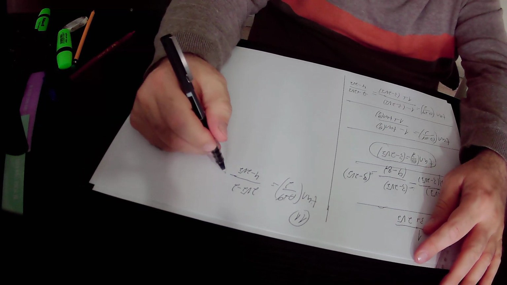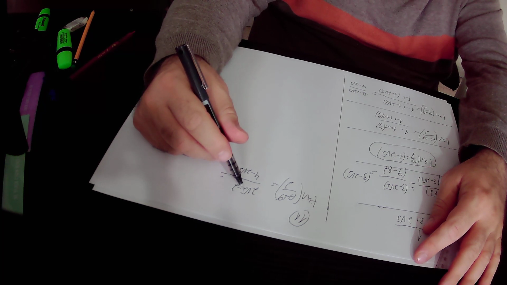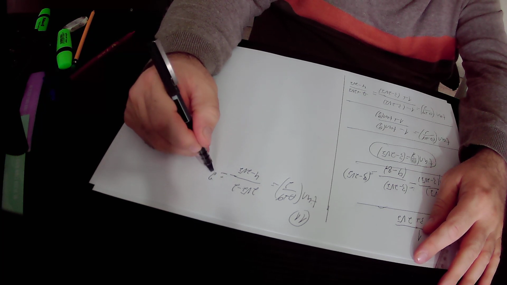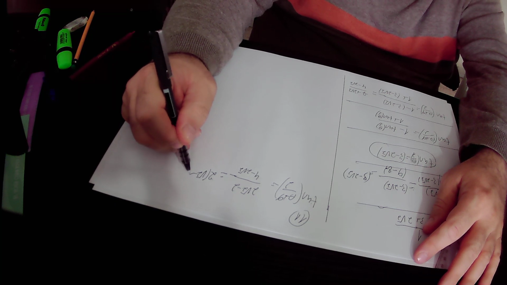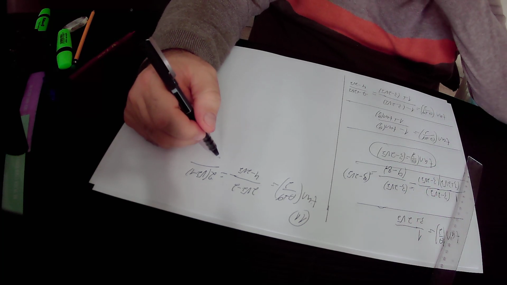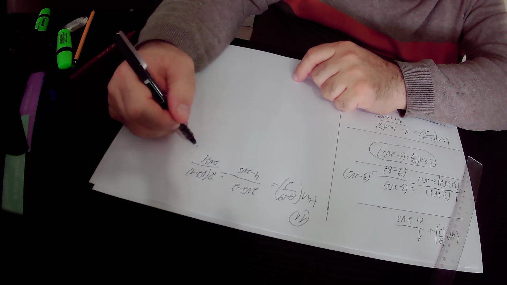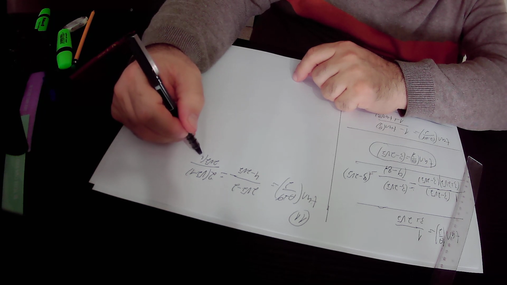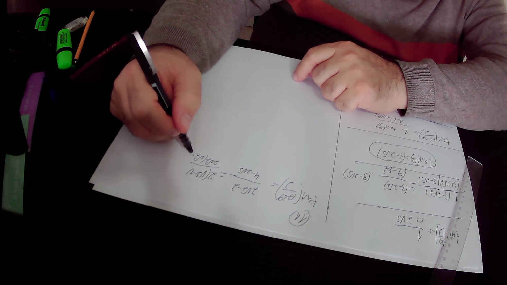Here we take out 2 as a common factor from the numerator and we get 2 times (square root of 2 minus 1). From the denominator we take 2 times square root of 2 as a common factor, so inside the brackets we have square root of 2, because 2 square root of 2 times square root of 2 is 4, minus 1.